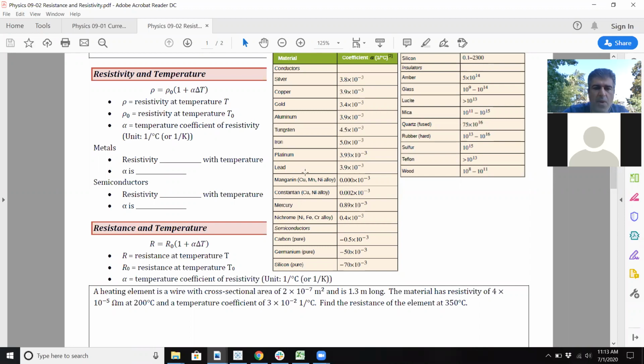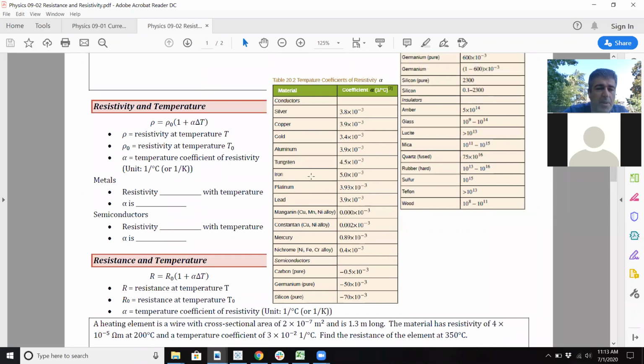Alpha is some sort of coefficient that depends on the material you're dealing with. For metals, resistivity tends to increase with temperature, and alpha is positive. For semiconductors, they tend to decrease with temperature, and the alpha values are negative.